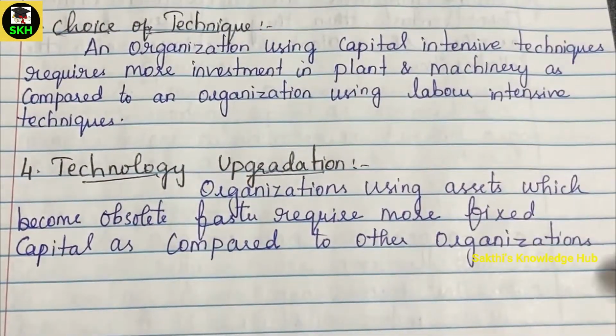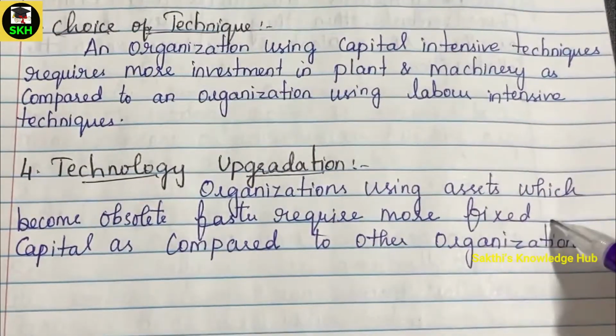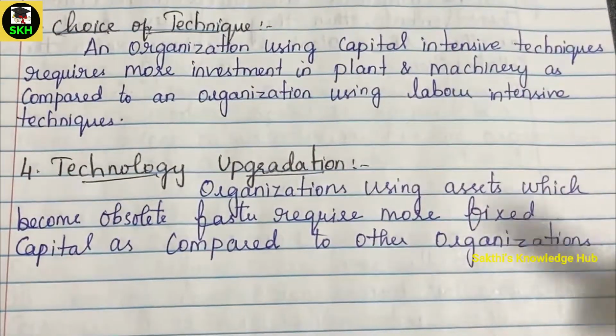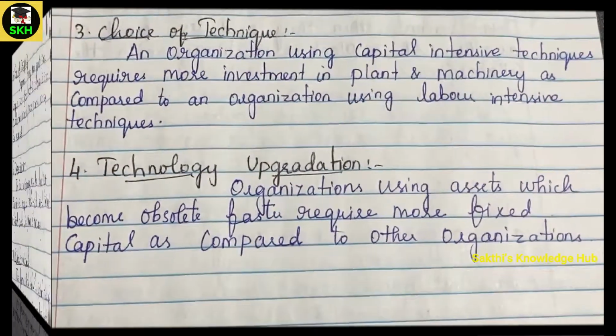As we discussed, if faster or more advanced technology, machineries or equipments are used in a business, the fixed capital requirement will be very high. If there is not much technology in the organization, the fixed capital requirement will be less. So technology upgradation is also an important factor deciding the fixed capital requirement.